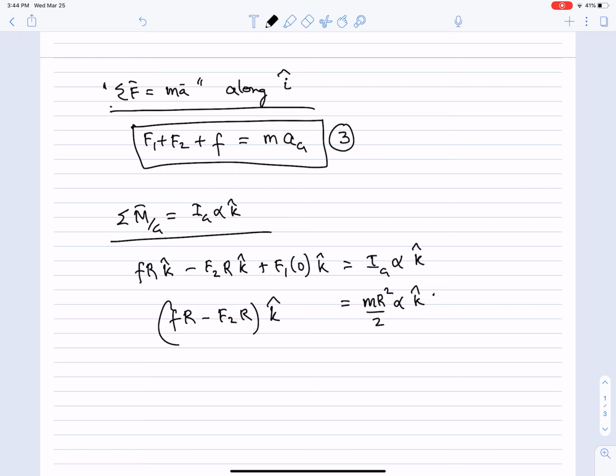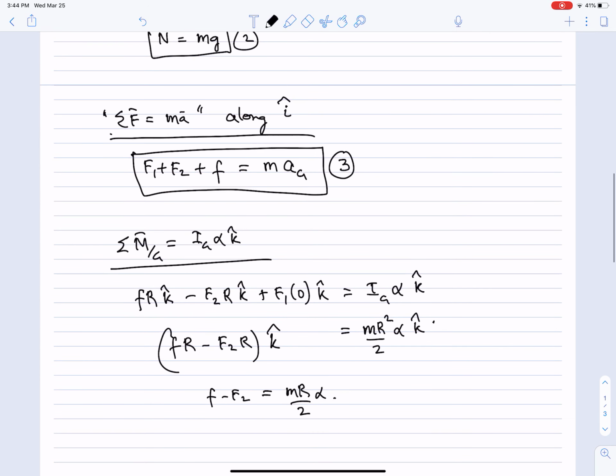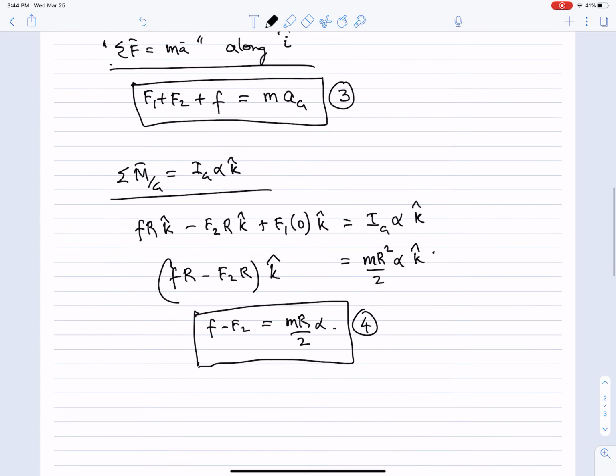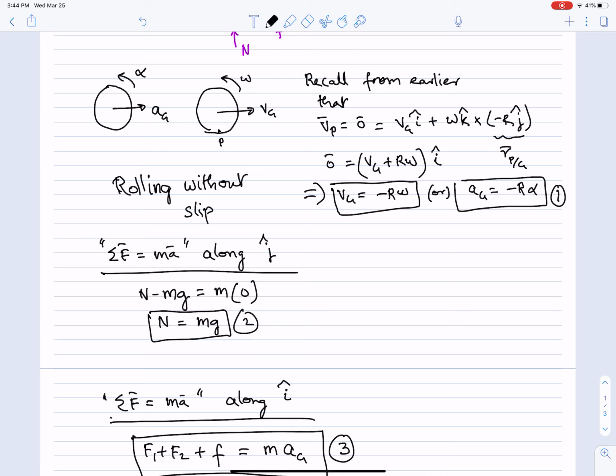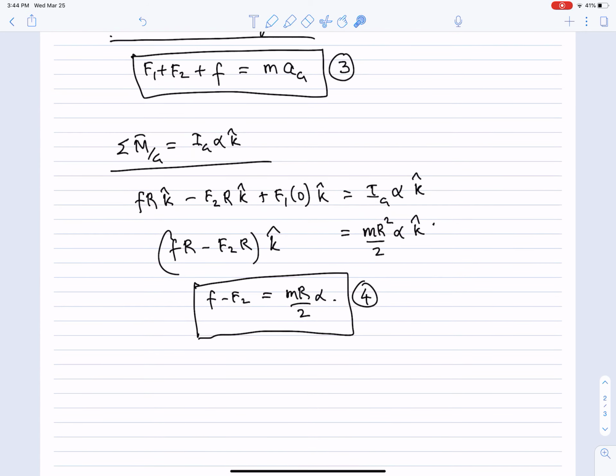Canceling R and the K, we get f minus F2 equals mr divided by 2 alpha. Depending on what we want to solve, we can replace alpha with A or A with alpha. So we already know that R alpha is AG, so use 1 and 4.